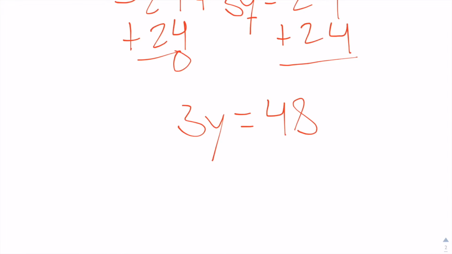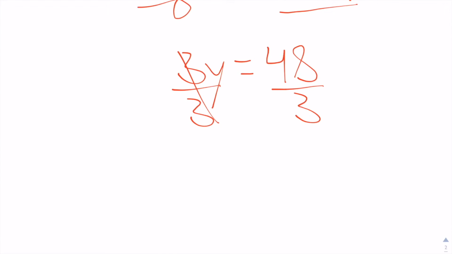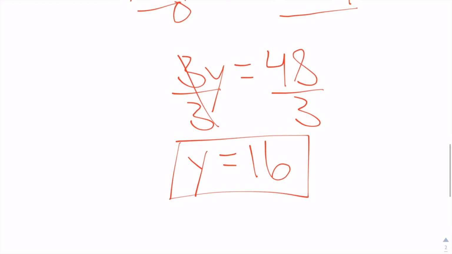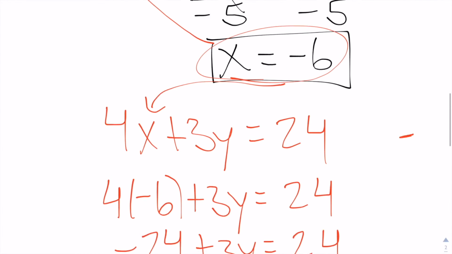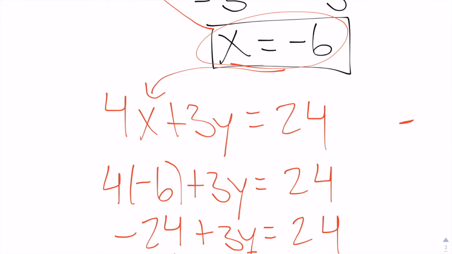Okay? And now we're going to go ahead and divide by 3 to both sides. Okay? 3 over 3 is 1. So y equals 48 divided by 3, 16. Okay? So now we have both our x and our y. So let's go ahead and move this around.